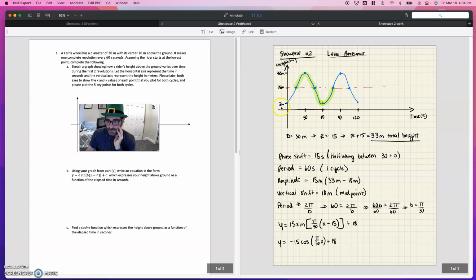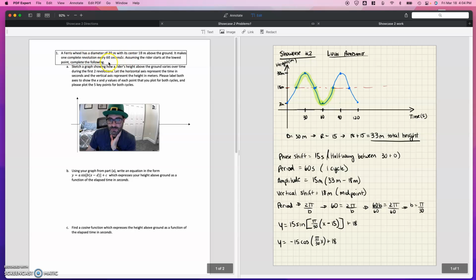So 18 minus 15 gets you 3 meters. Our low point is 3 meters, and our high point would be 18 meters plus 15 meters, giving you 33 meters. So now we know our low point, our midpoint, and our high point. The graph is starting to come together.